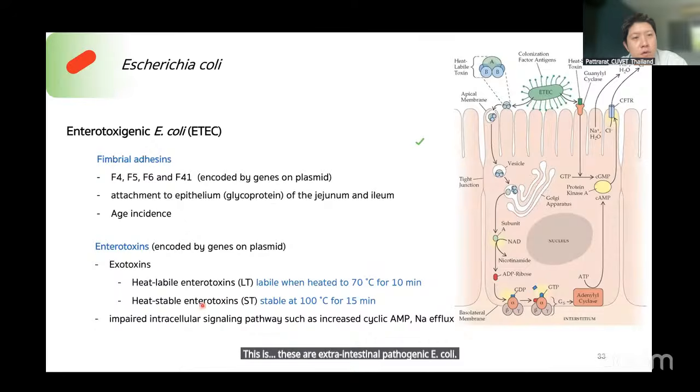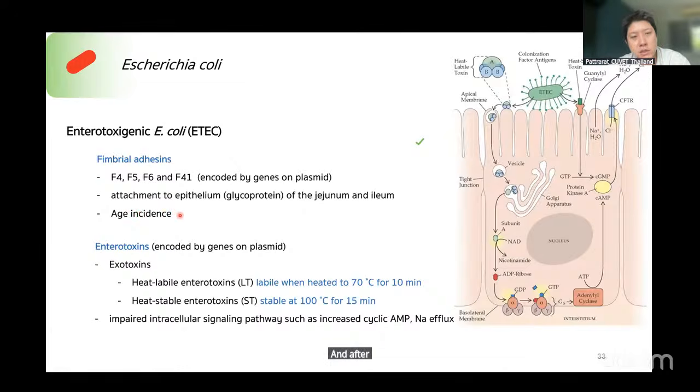These are extraintestinal pathogenic E. coli. For ETEC, again, just to review, the ETEC pathotype has fimbriae to attach to the epithelium of piglets or newborns. This is the age incidence.